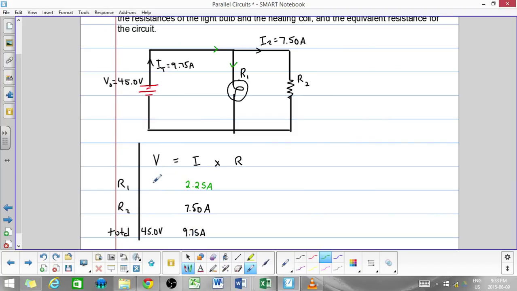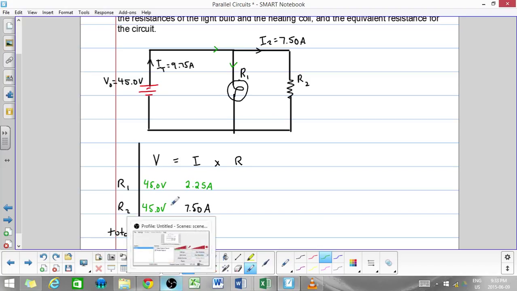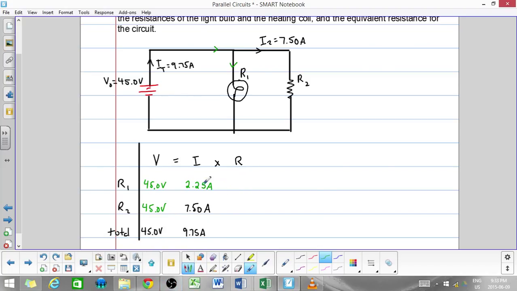Also the voltage relationship. By Kirchhoff's voltage law, the 45 volts here has to be equal to the voltage drop across R1 and the voltage drop across R2. So these are 45 volts. And 45 volts. And now we can just apply Ohm's law to each resistor and the circuit as a whole.